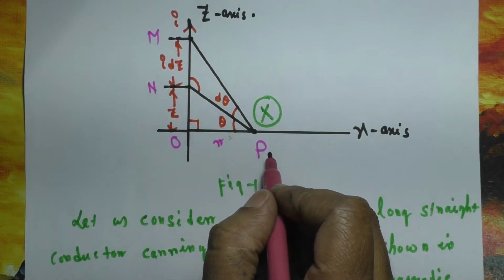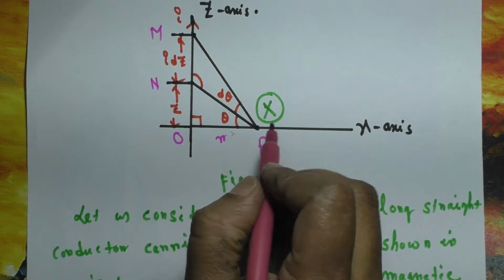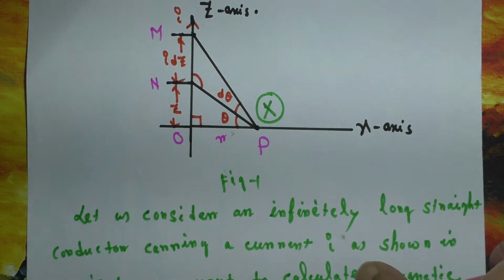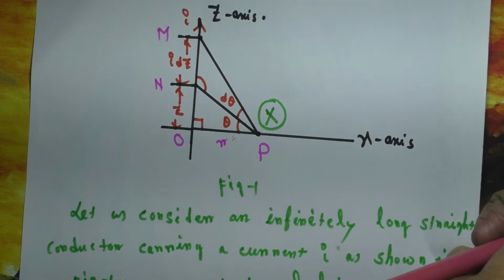We are going to write the magnetic field due to a current element I dZ at a point P, which is given by Biot-Savart law, and in the previous video we discussed Biot-Savart law.